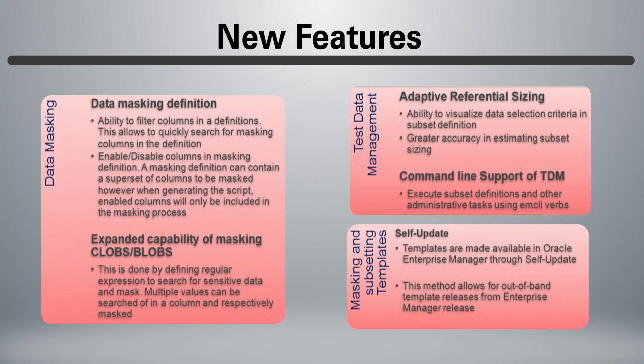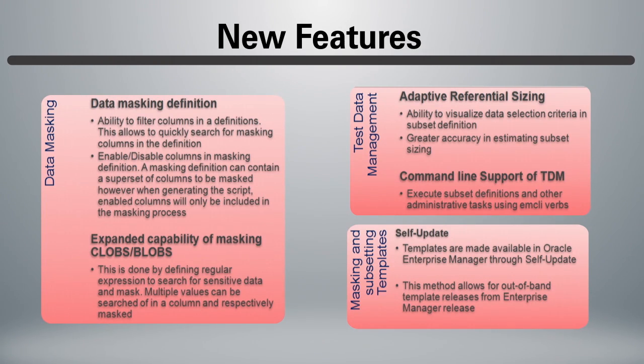In addition to that, for manageability purposes, for the same data masking definition, you can enable or disable columns. What does that do? Well, if you disable columns within the data masking definition, when you generate it, you would only create the script necessary to mask the data that is enabled, the columns that are enabled.